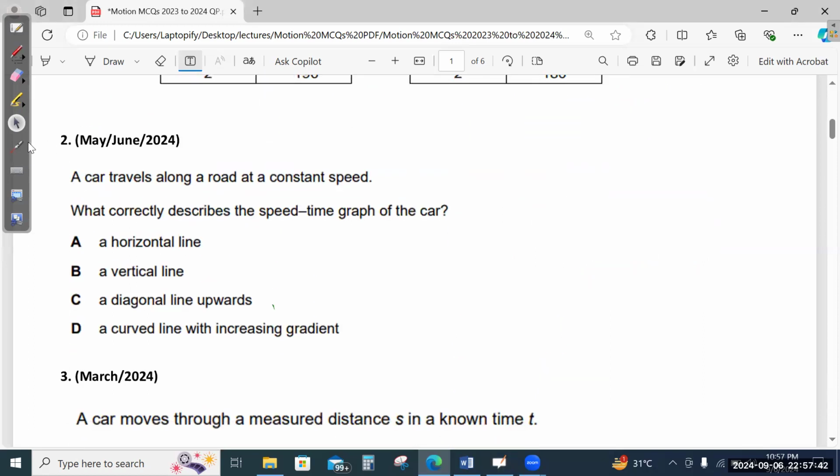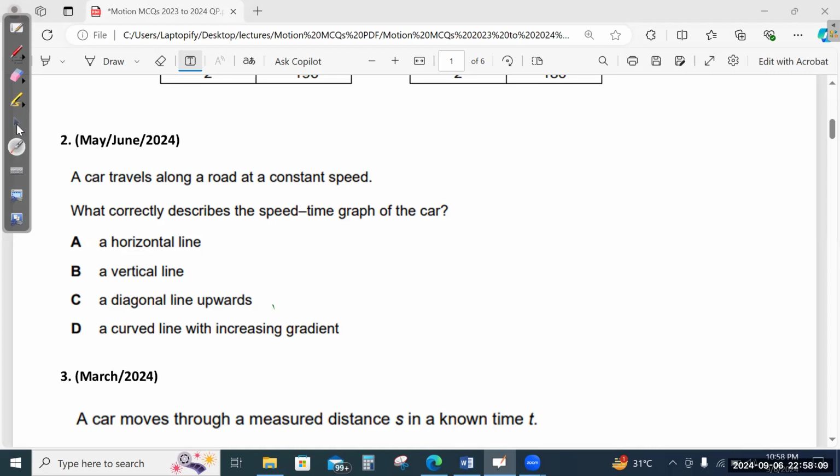Now, the second question is that a car travels along a road at a constant speed. It means the car is on the road and moving with constant speed. Which correctly describes the speed-time graph of the car? Remember, I have also described all types of distance-time graphs, when the body is at rest and when the body is moving with constant speed.